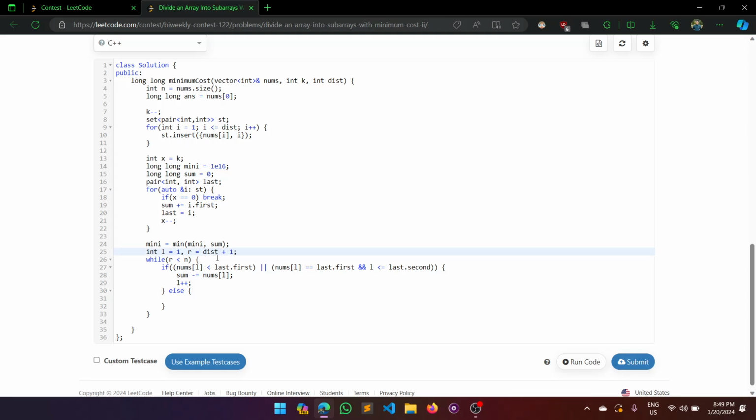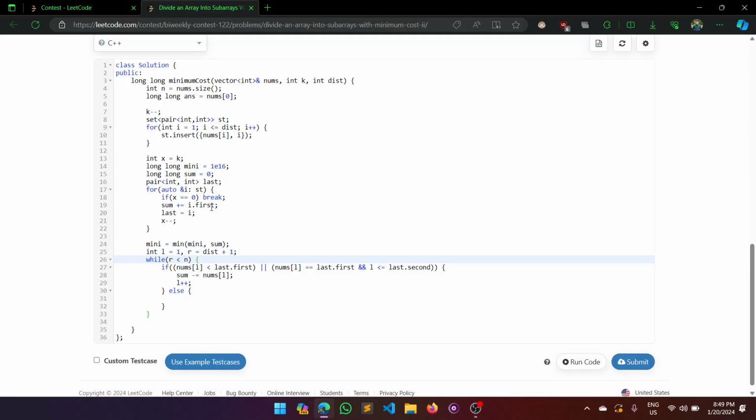That's r plus 1 we want to insert, l we want to remove. So if l plus 1 is better than this one, because we have last now, and if you're removing any element which comes before last in the set, we want to consider the element which is after the last in the set. There's no way to consider that, right?